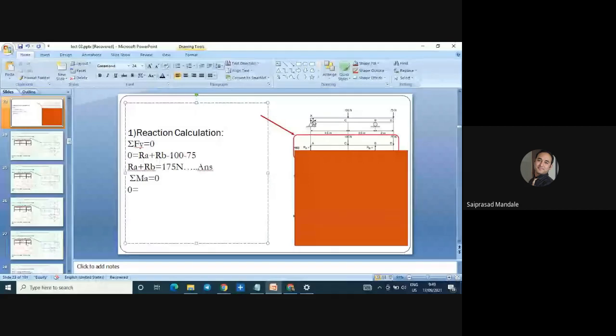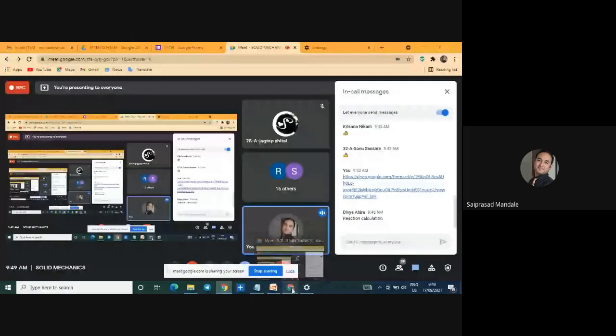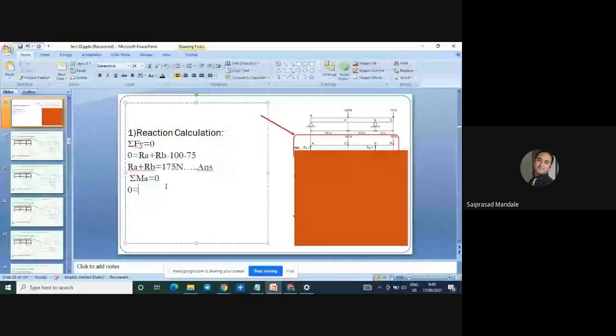The equation: 100 is clockwise, so 100 into 4.5, minus RB into 4.5 plus 3.5. I'm again going to make it very clear.